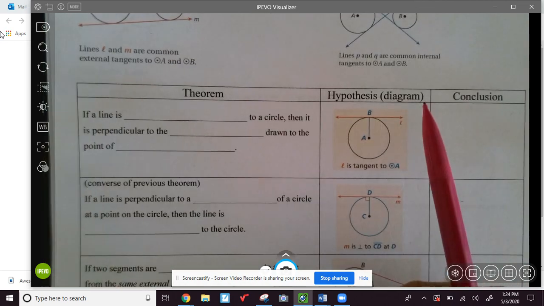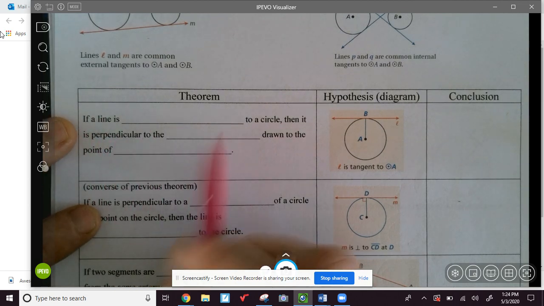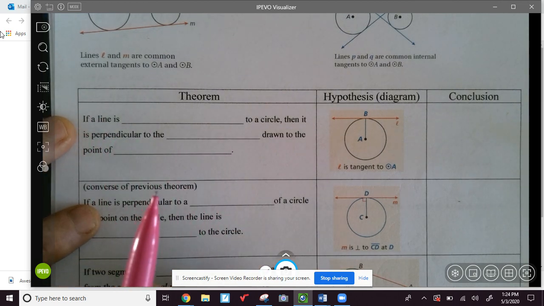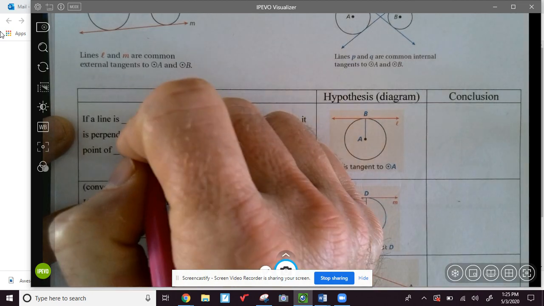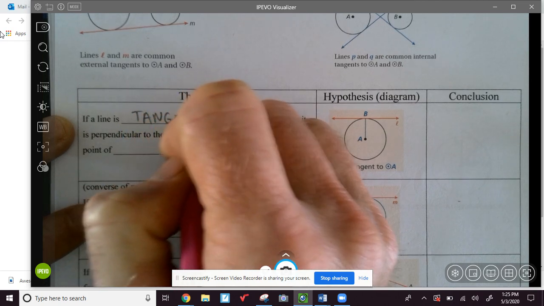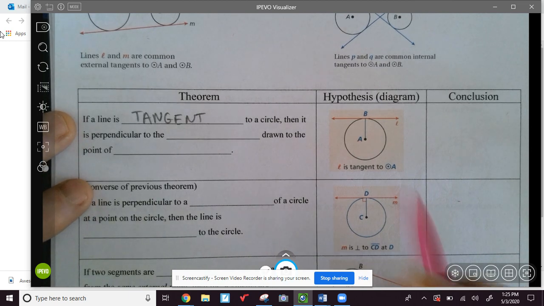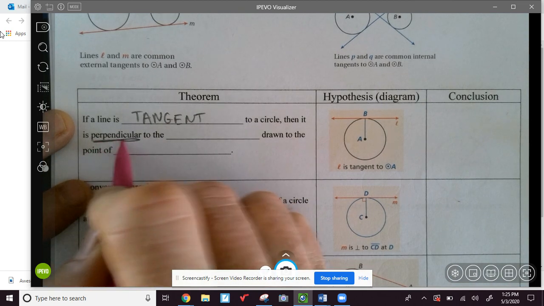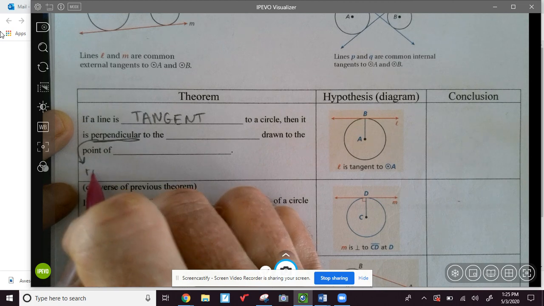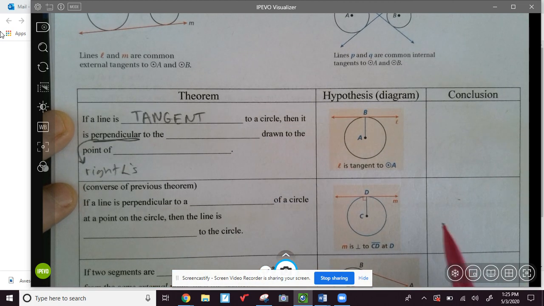All right, here we go. If a line is tangent to a circle, then it is perpendicular to the radius drawn. So the word here is tangent. So if you have a tangent line, it's going to be perpendicular. What does that mean? Right angles. It's very important.